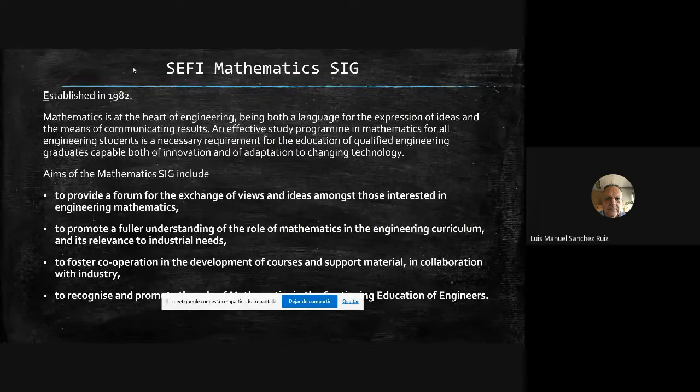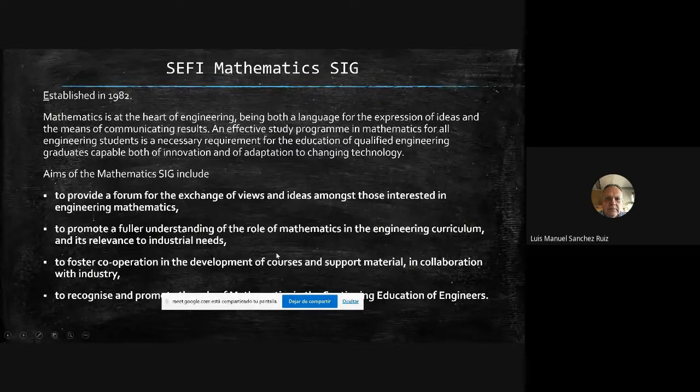The aims of the mathematics special interest group include providing a forum to exchange views and ideas on the use of mathematics by engineers, and promoting a fuller understanding of the role of mathematics in the engineering curriculum.